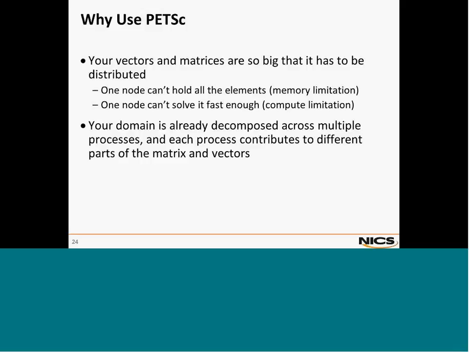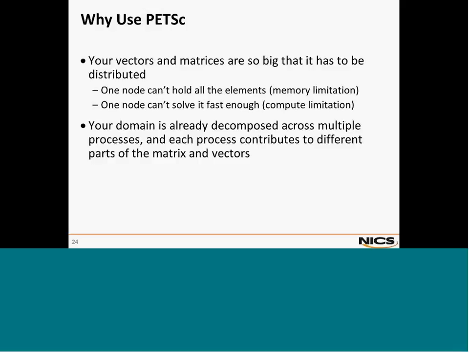And it's the case when, for example, one node cannot solve your problem because of computing limits. In this case, you have to distribute your vectors and matrices. Most of the time, I think the memory limitation is what people come up against when doing large linear algebra.